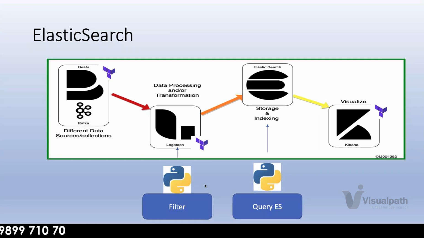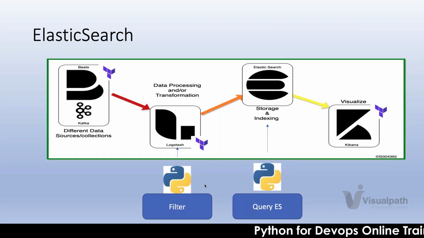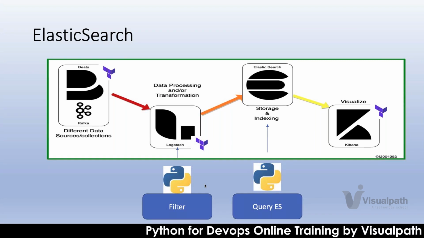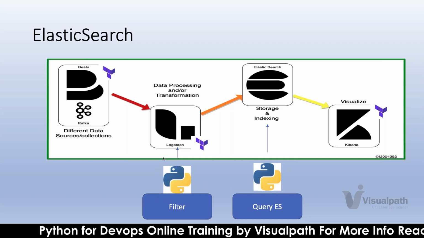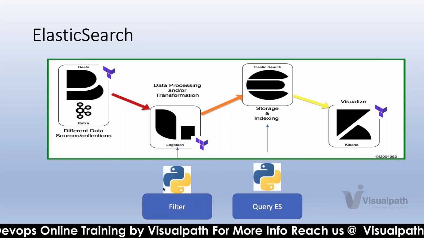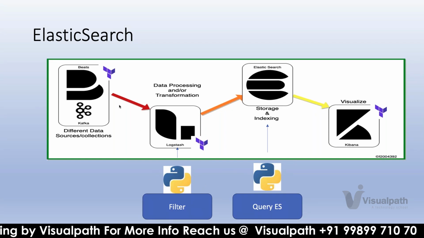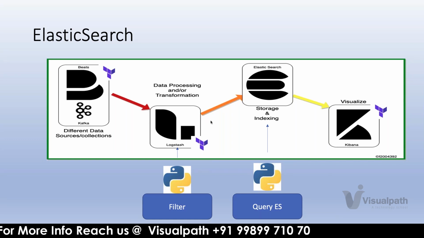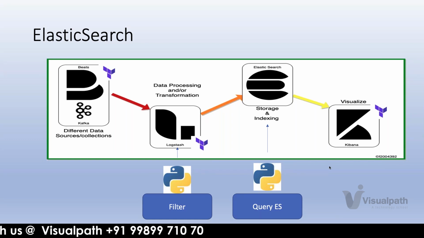Every tool is providing third party modules with Pythonic code, they are providing Pythonic APIs. That's the reason why we are choosing Python as the coding language for establishing communication between all your tools. So this is the second example I have mentioned here.